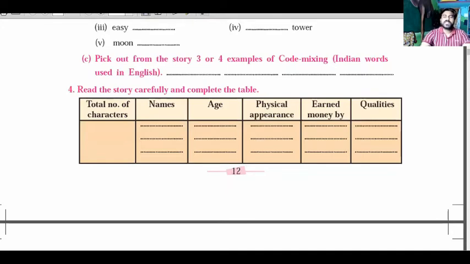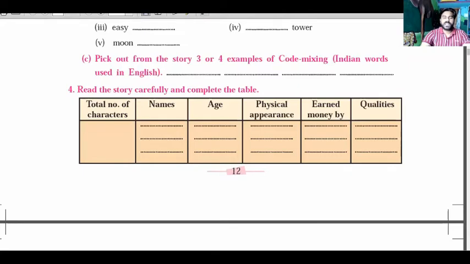Physical appearance: Anil was a tall and lean person, and Hari was a thin person. Then earns money by: Anil was earning money by writing, and Hari, the thief, was earning money by robbery. Then qualities.